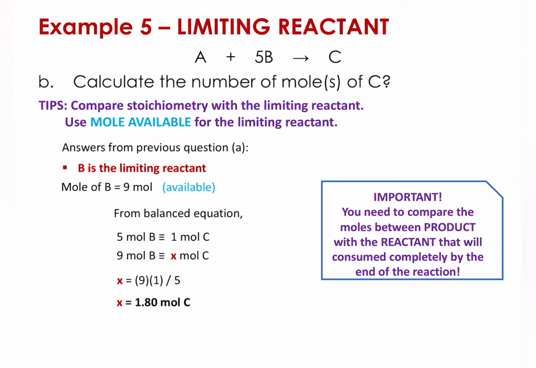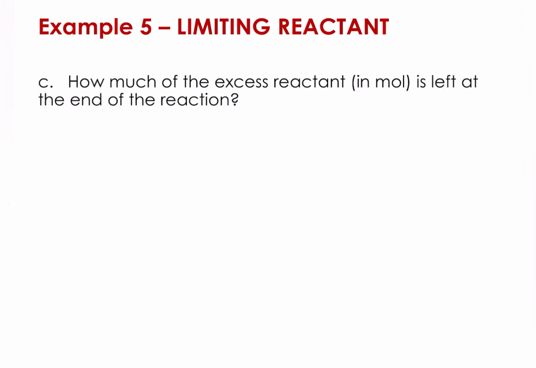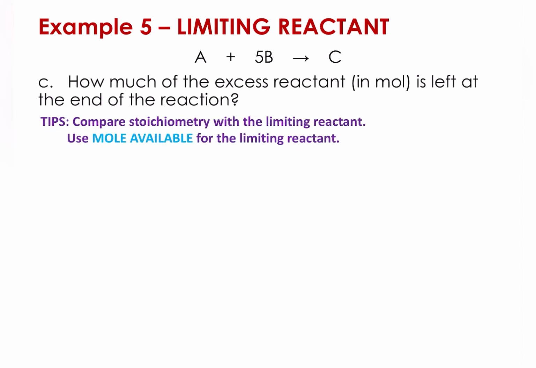Okay, so let's go to the last questions. Question C, I got my equation here. I want you to find out the excess reactant in mole is left at the end of the reaction. So, macam mana saya nak calculate this one? Tips dia, you have to compare stoichiometry as usual with the limiting reactant and use mole available. Okay, use mole available.